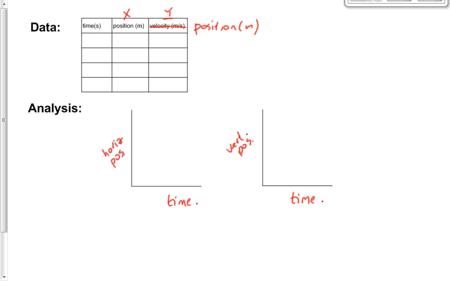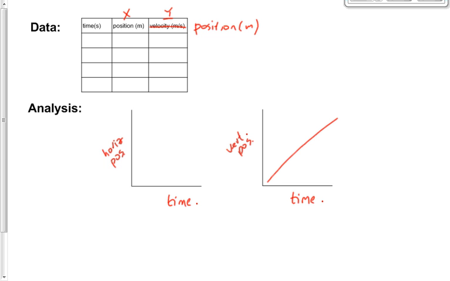Now, whatever shapes you get from those graphs, I want you to describe what they mean. Okay, describe the path of this ball, horizontal position and vertical position versus time, relating it back to the graph. So in other words, if we get a straight line here, what are we going to say? Well, we're going to say the vertical motion is constant velocity as illustrated by the straight line on vertical position versus time.